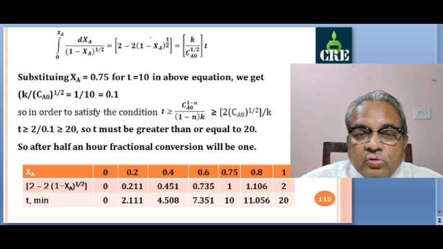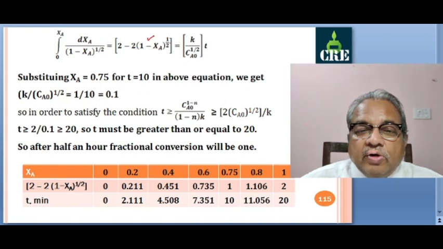So 1 minus X_A raised to plus half, divided by plus half. Divided by plus half means this 2 will be transferred in the numerator, into 1 upon derivative of this, which means minus 1.